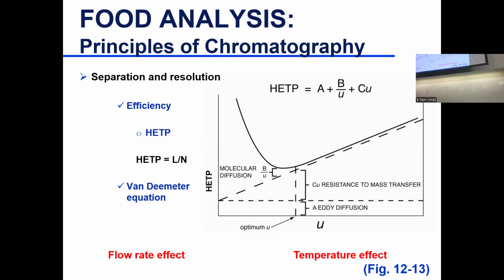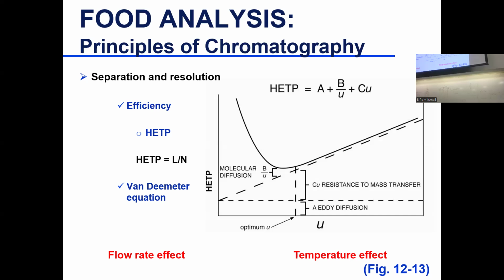So now the compound solute diffused more into my stationary phase because the mobile phase had so many routes to go to come back to here. So a lot of diffusion and delay to get to your equilibrium.